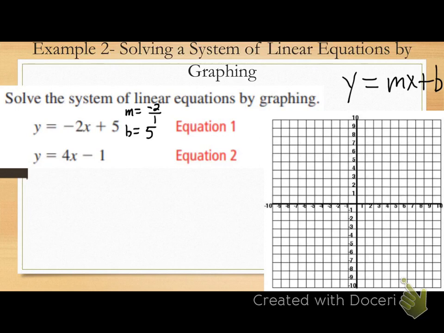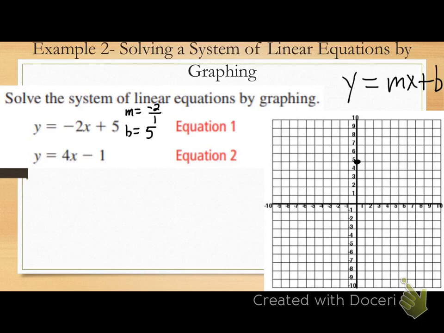Let's go ahead and graph equation 1 right now. What do I need to graph first? Y-intercept. In order to get more points using my slope, I need a good starting point. We already know one of our ordered pairs is going to be (0, 5), because that's my y-intercept. So I'm going to graph (0, 5) first.